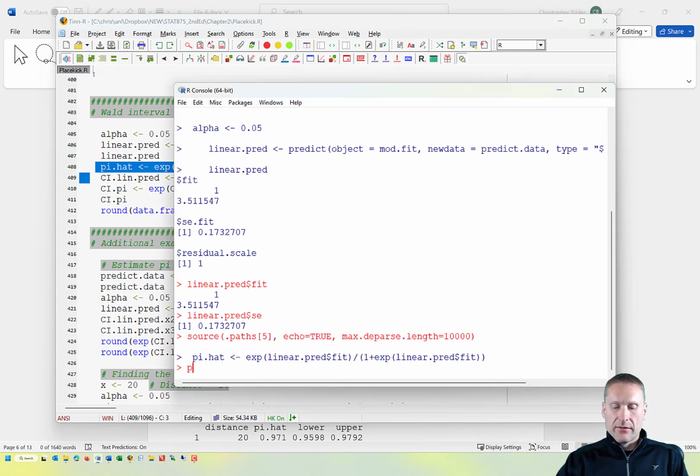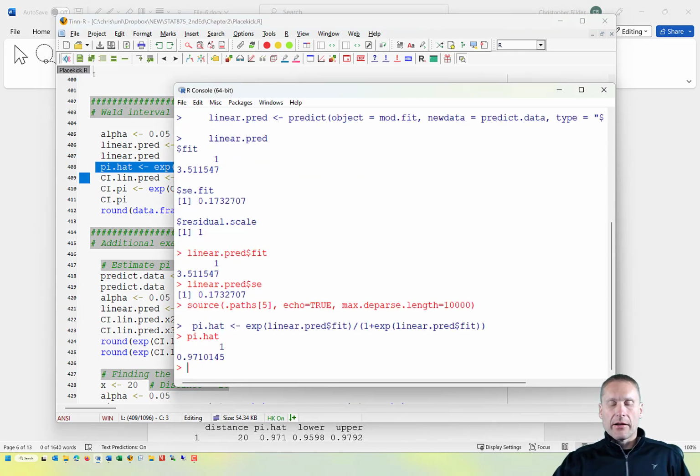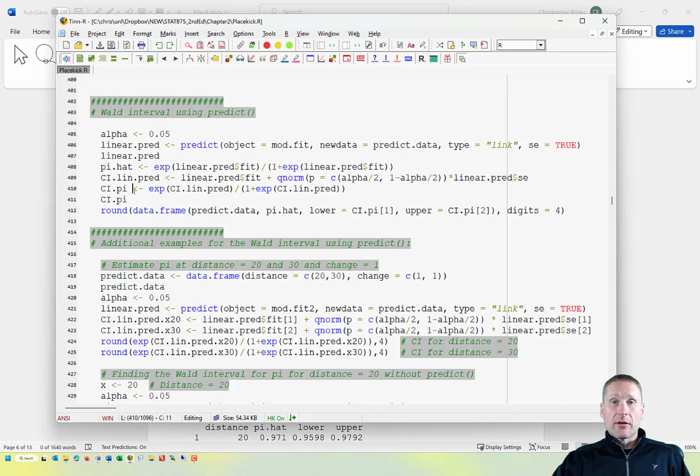Okay, now using that information, what I could do, if I wanted to find, let's say, pi hat itself, is this. If I want to find my confidence interval for beta 0 plus beta 1 times x, I take my beta hat 0 plus beta hat 1 times 20, plus or minus the value from my standard normal distribution times the square root of that estimated variance.